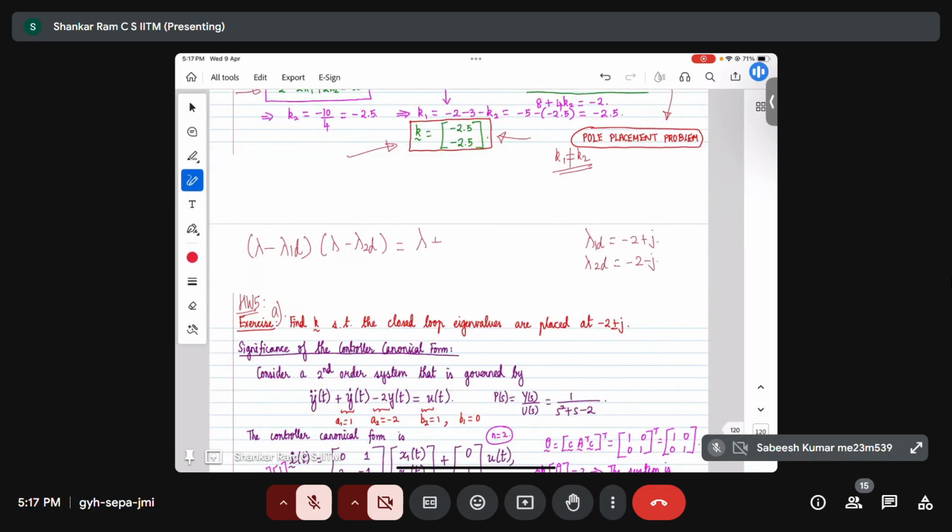Now when you substitute for lambda 1, you get lambda plus 2 minus j, then lambda plus 2 plus j. If we multiply it, what do we get?